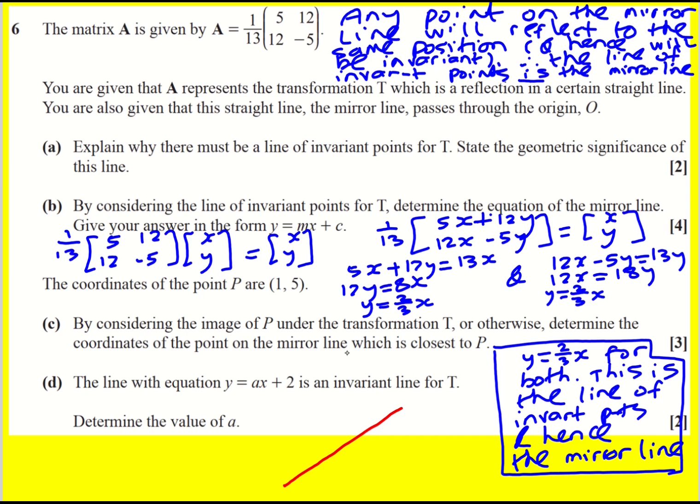So this might take a little bit of time to understand what it's saying, but essentially we've got some point, and we know that T is a reflection, so it's going to take us to here. Well, let's apply the transformation to see where we end up, what the image is. In fact, we've kind of already done the multiplication, but I think I'll just do it again.